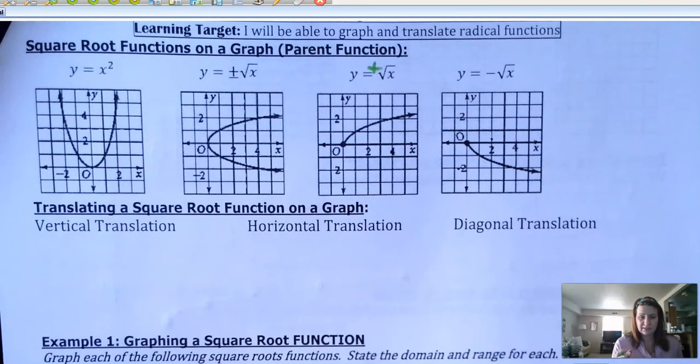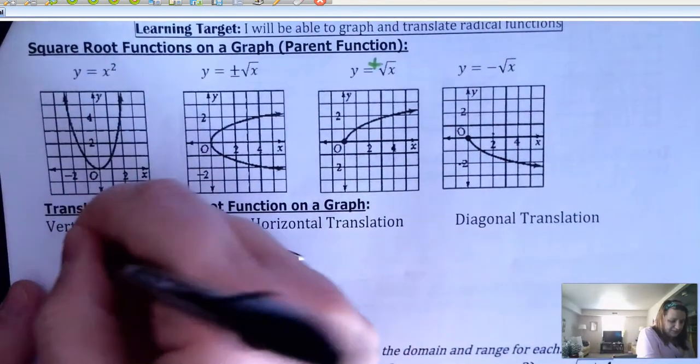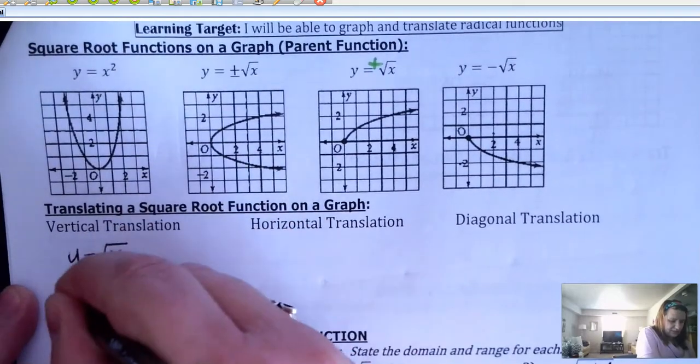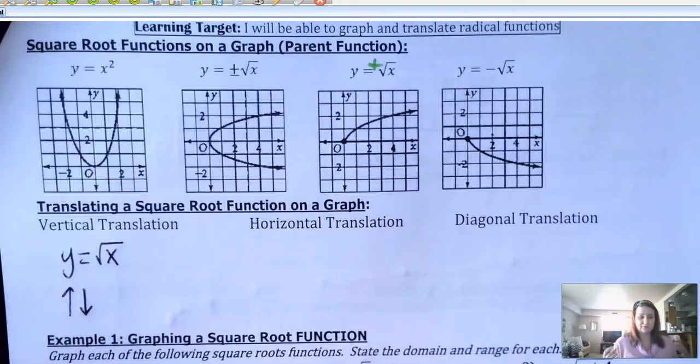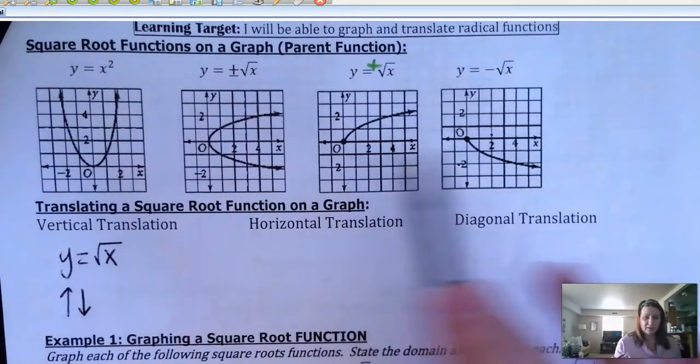We're going to be translating these today, and so I'm going to give you some rules here. A vertical translation, I'm just going to do a really basic one, is a translation that moves up or down. So if we're doing a vertical translation, we're going to take this graph or this graph and move them up or down.